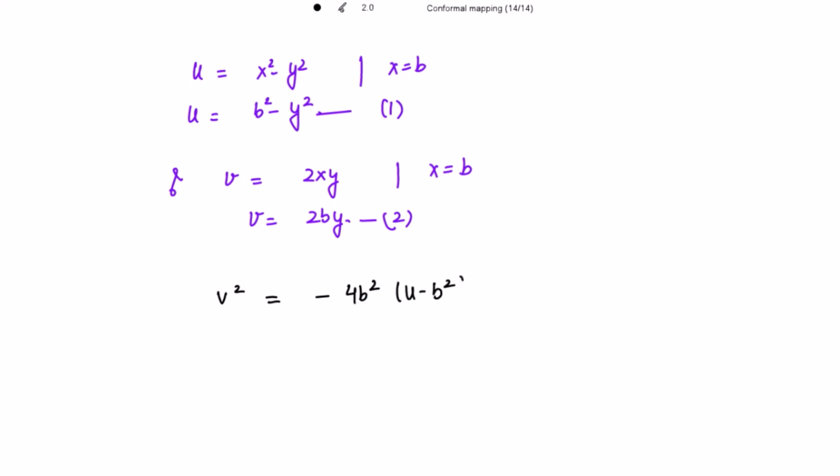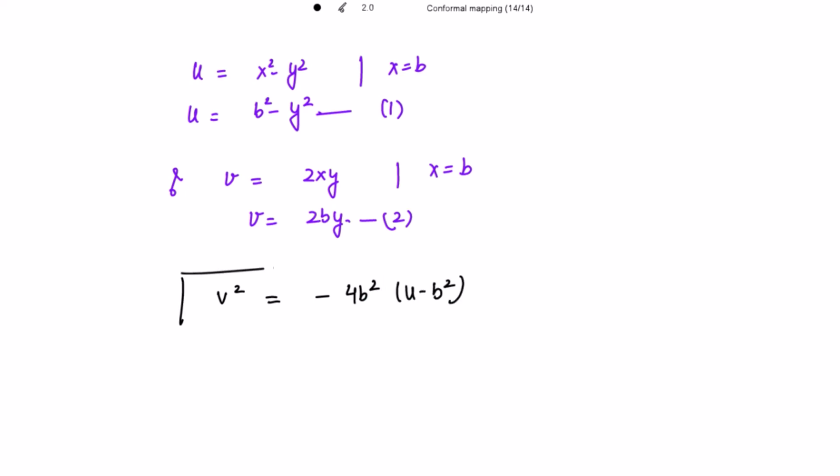And for v equal to 2xy, for x equal to b, we get v equal to 2by. Again, we need to eliminate y from these two equations. So we get v square equal to minus 4b square into u minus b square.